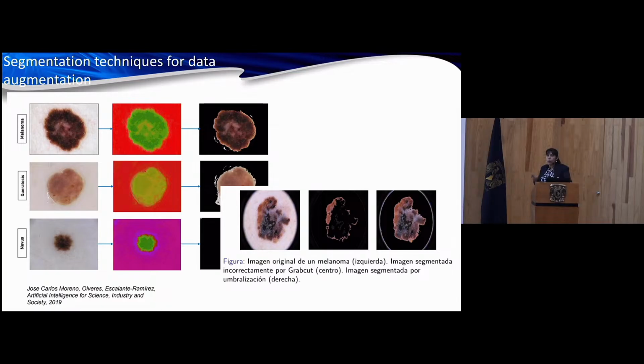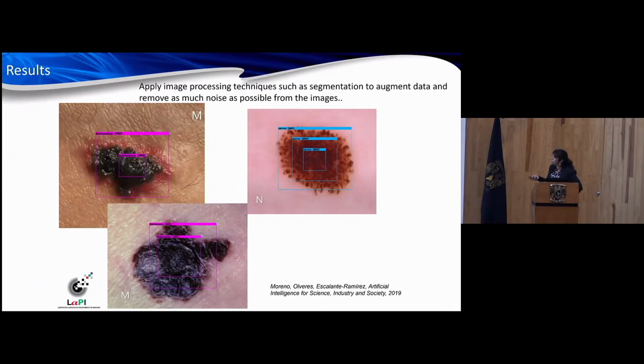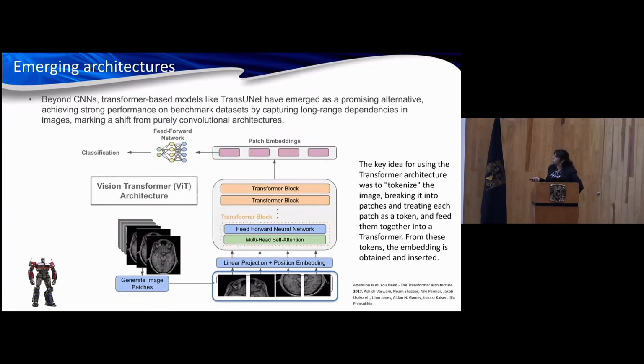In that way, we got more images, not only the usual ones, translation, rotation, and so on, but also adding more information by getting segmented images for the training phase, in order to get a bigger data set. And that gave us better results at that time.